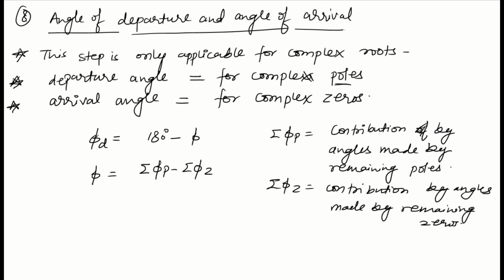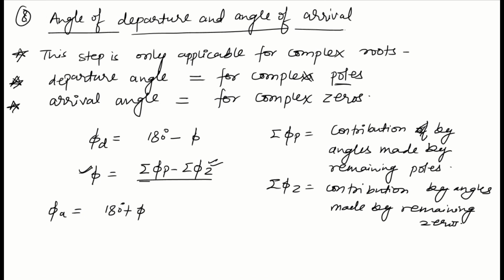And the angle of arrival phi a is equal to 180 degrees plus phi, where again phi is summation phi p minus summation phi z. To understand how to calculate these angles, we will take examples in the next lecture.